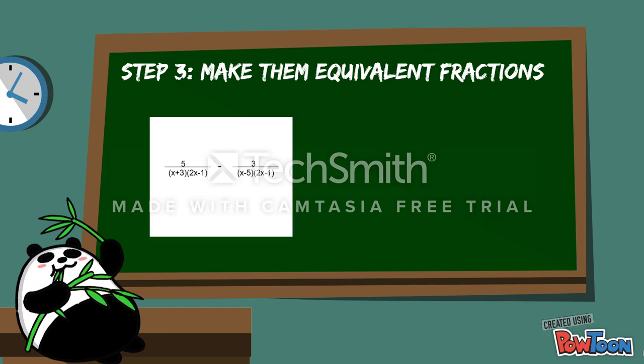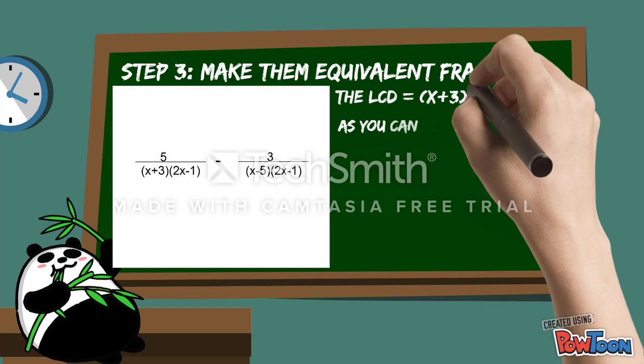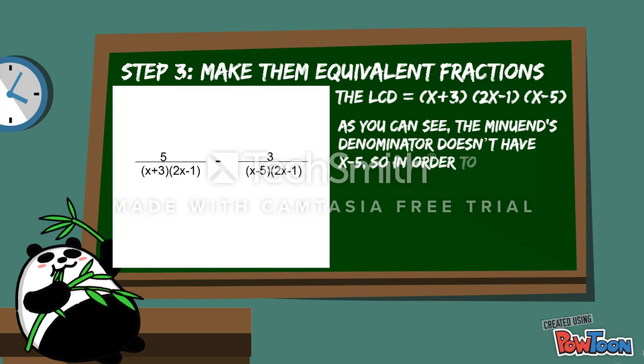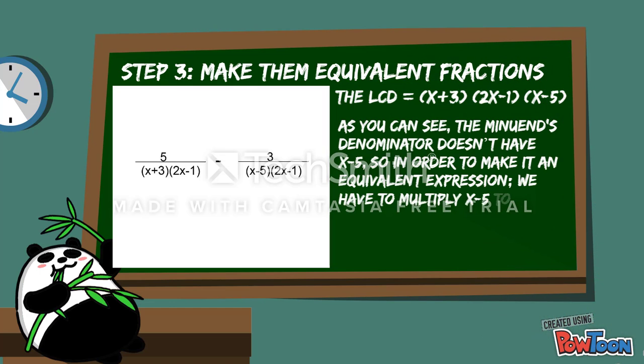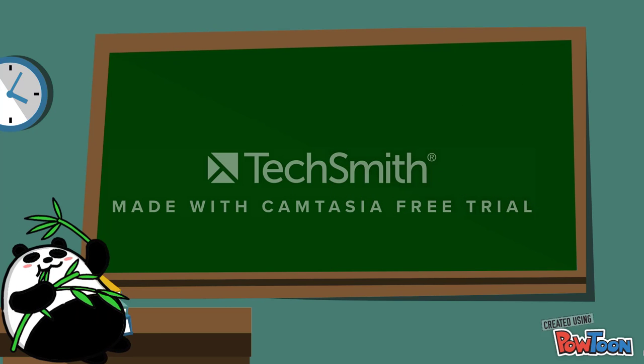The third step is to make them equivalent fractions or expressions. To make them equivalent expressions, we have to check what both denominators don't have compared to the LCD. As you can see, the minuend's denominator doesn't have x minus 5. So in order to make it an equivalent expression, we have to multiply x minus 5 to the denominator and the numerator. We do the same to the subtrahend.